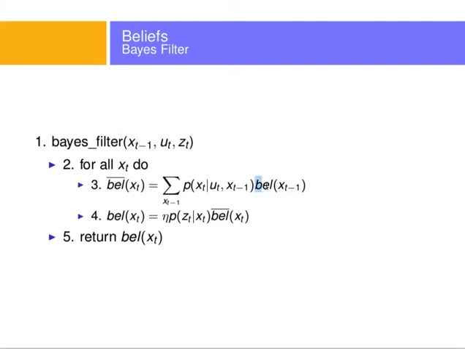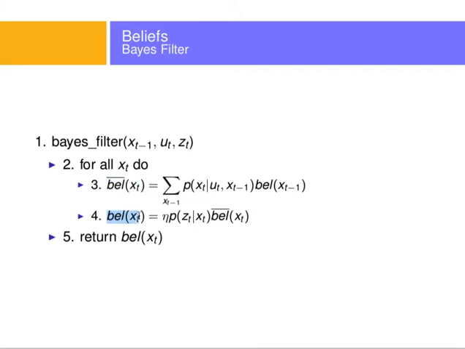Now, how do I compute the belief at xt minus 1? Well, that's here, right? So it's recursive. So basically this belief will be the belief at xt minus 1. Now, the belief at xt is incorporating what I sense. So this is what I believe I just did with the state.